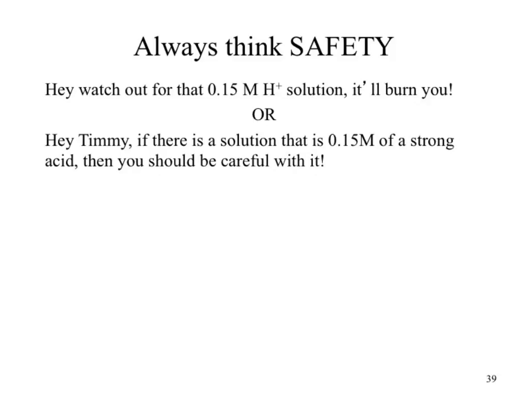Watch out for that 0.15 molar H plus solution. Why? Well, 0.15 molar tells us the concentration of H plus in that solution. So all we have to teach Jimmy about is now not only numbers and decimals, but now the mole concept and volume and what H plus was.